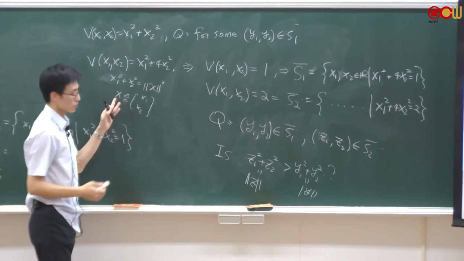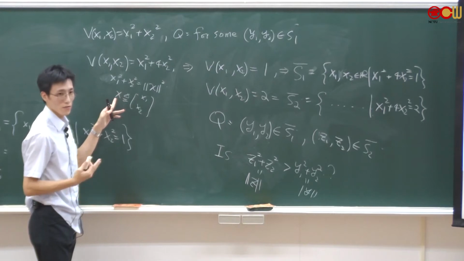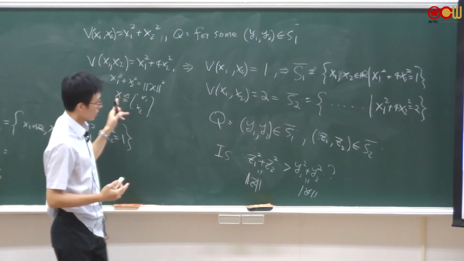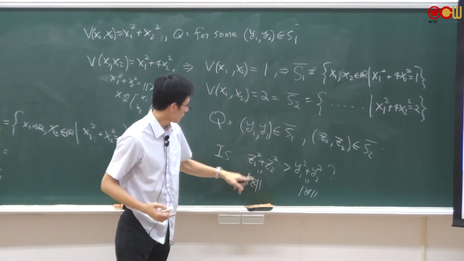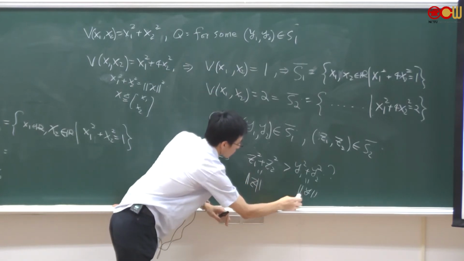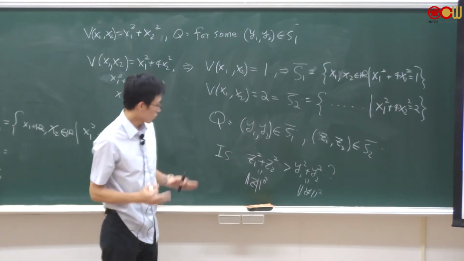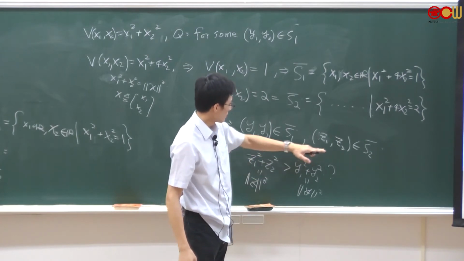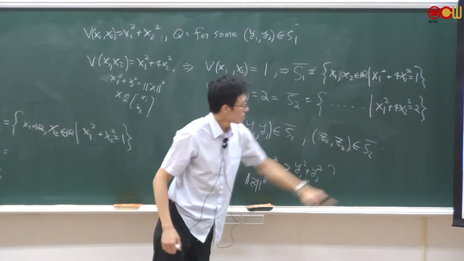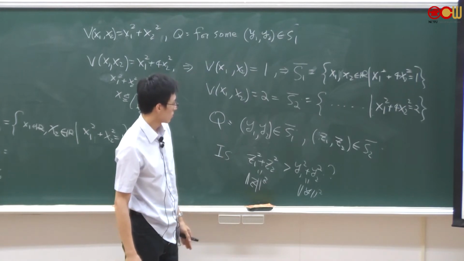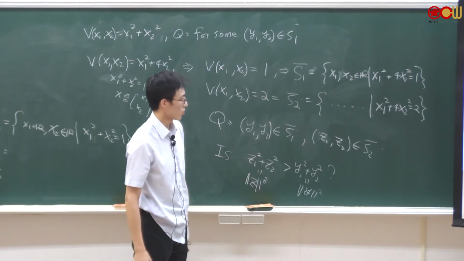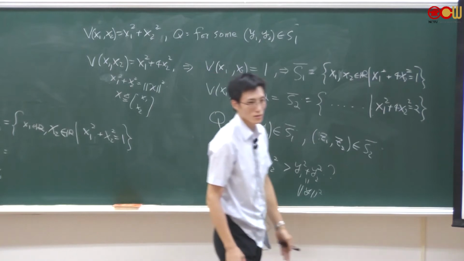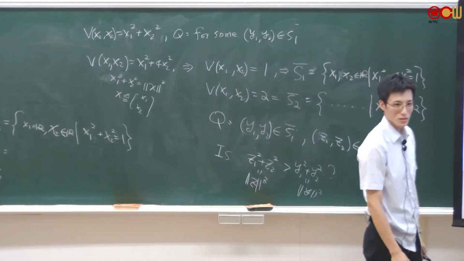So it's condensed to one variable. So it's a vector function, okay? And y1, y2, z1, z2 can be condensed to be y and z. Okay? My question is, is this greater than this, given that z is in the level set S2 and this is in S1? Is that true or not?